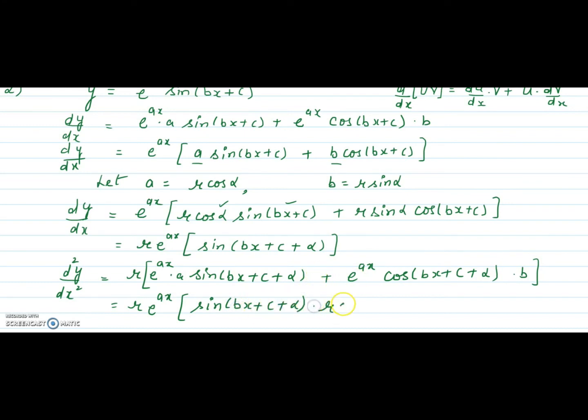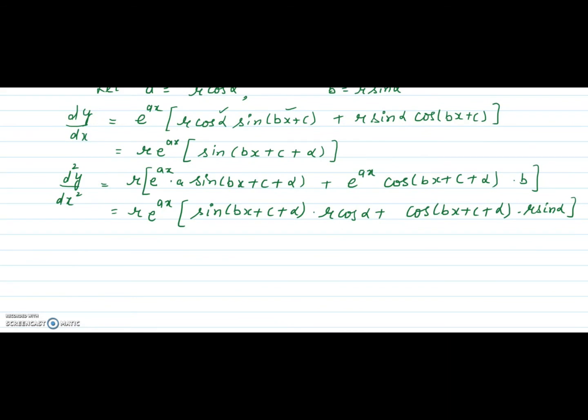which is equal to r cos alpha and r sin alpha. Okay, again we can take r as common, so r square will be here now because we have two r's, and sine of the first angle into cos of the second angle plus cos of the first angle sine of the second angle will be equal to the sine of the sum of these two angles, that means bx plus c plus alpha plus alpha.